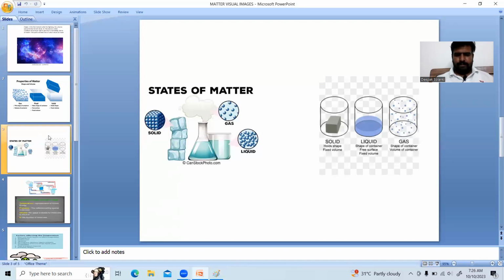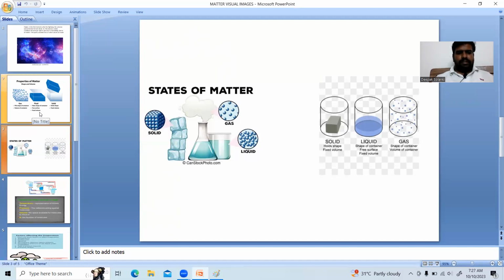On the other hand, a liquid has less force of attraction than a solid and can be easily separated. It can take the shape of the container, as you can see in the slide. The third one is gas, in which intermolecular forces are very small and the particles are freely distributed and can move freely. So that is about the states of matter.